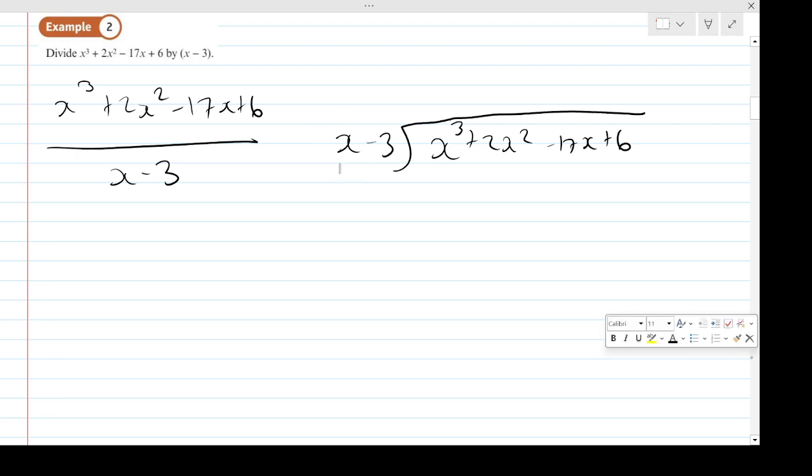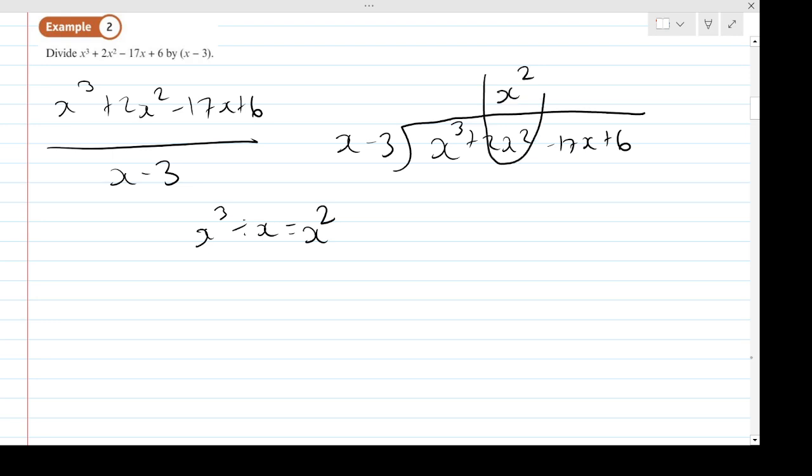So x cubed divided by x is very simply x squared. I'm going to put that there, and it matches the x squared column, as it matches the x squared term there.